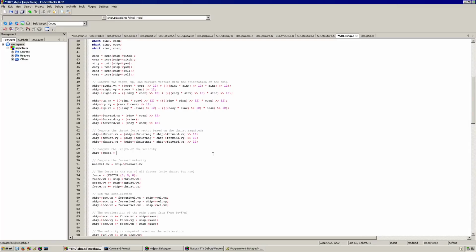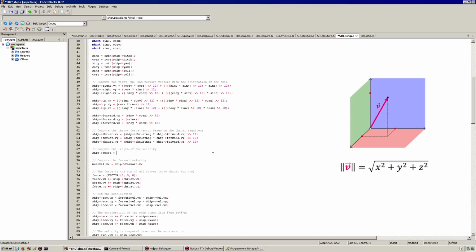How do I get the length of the velocity vector? How do I get the length of a vector? Well, it is that Pythagoras theorem. I need to get the hypotenuse of that kind of triangle that I have. So it is going to be x squared plus y squared plus z squared, and then the square root.